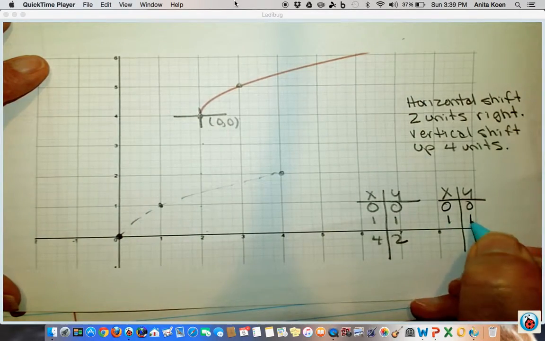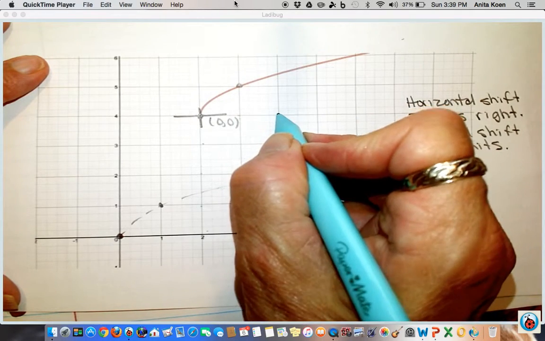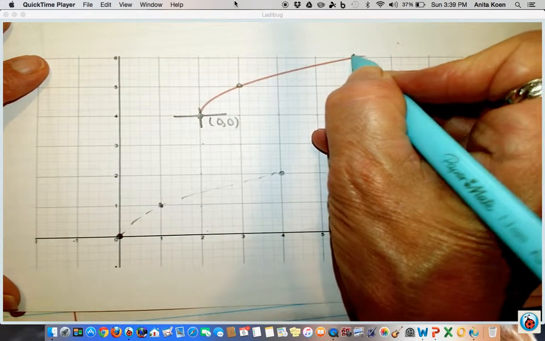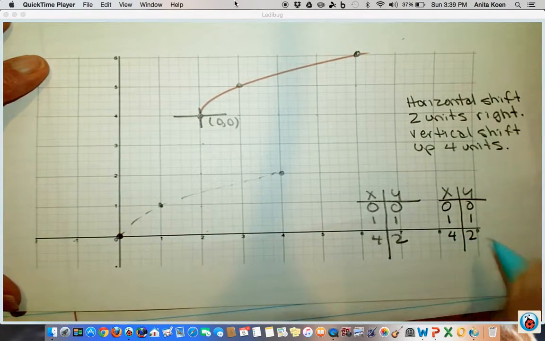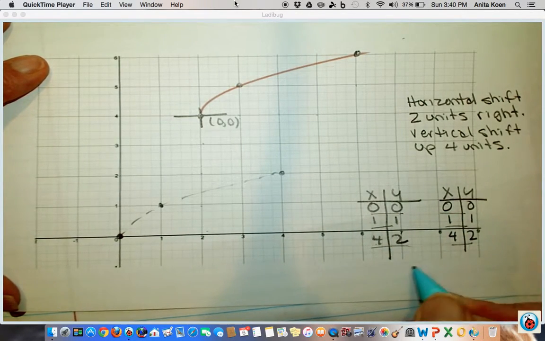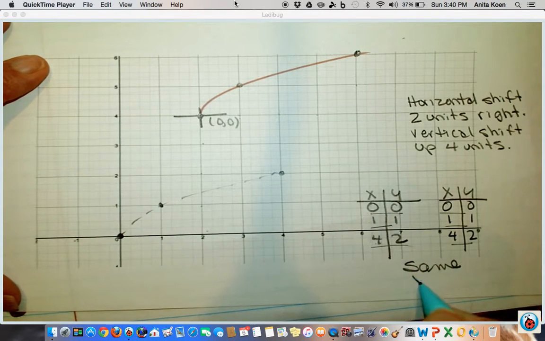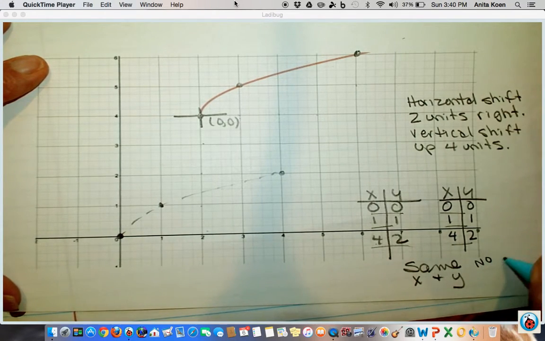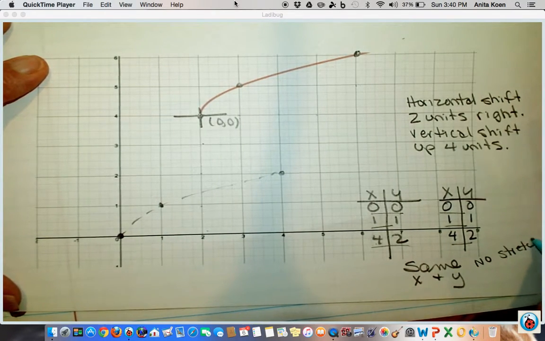So that's the point 1, 1. I'm going to go over 4 and up 2. Over 4, up 2. These points are exactly the same. Same x and same y. So that means there's no stretch or compression.